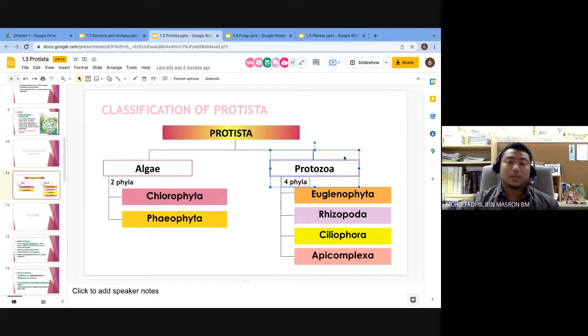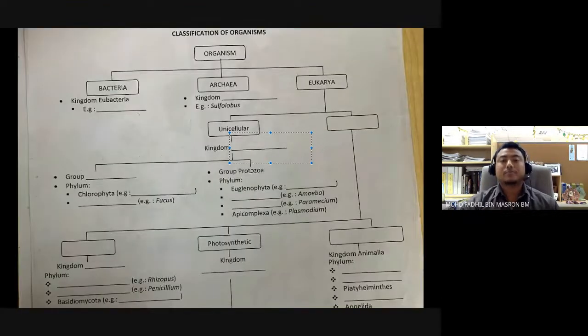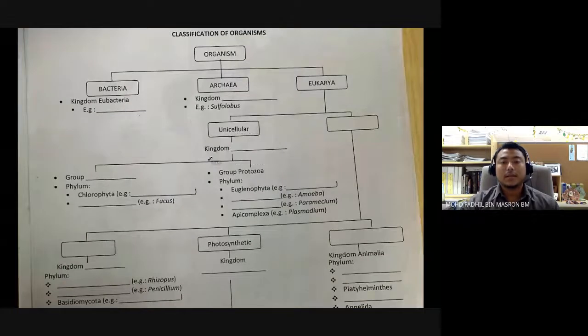Okay, dia bukannya phyla. Tengok balik nota ini, tengok balik kat map. Sebenarnya hanya nama grup sahaja, hanya classification-nya sahaja, jenis-jenis protozoa. Yet we are not speaking about phylum-phylumnya lagi. Phylum-phylum di bawah grup protozoa ni ada 4.